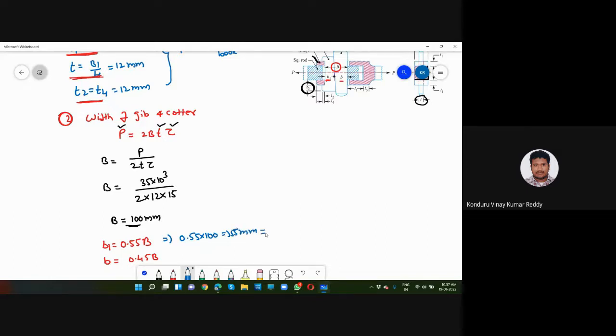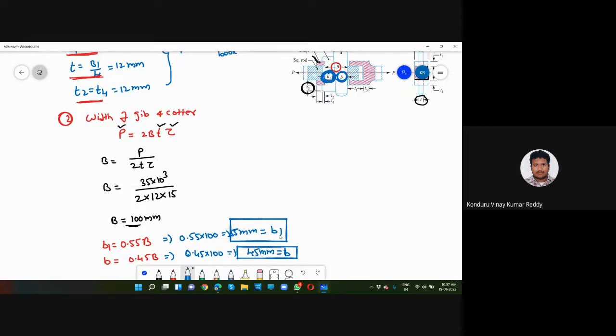This is equal to b1, the width of Gib. Here in the figure, it is over here, the width of Gib. Similarly, 0.45 into 100 is equal to 45 millimeter, which is the B value. This is this one, the width of Cotter.